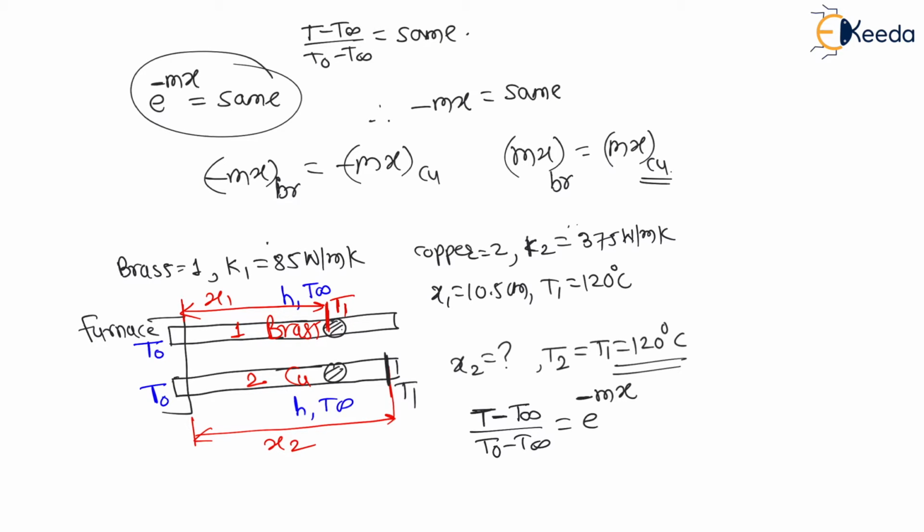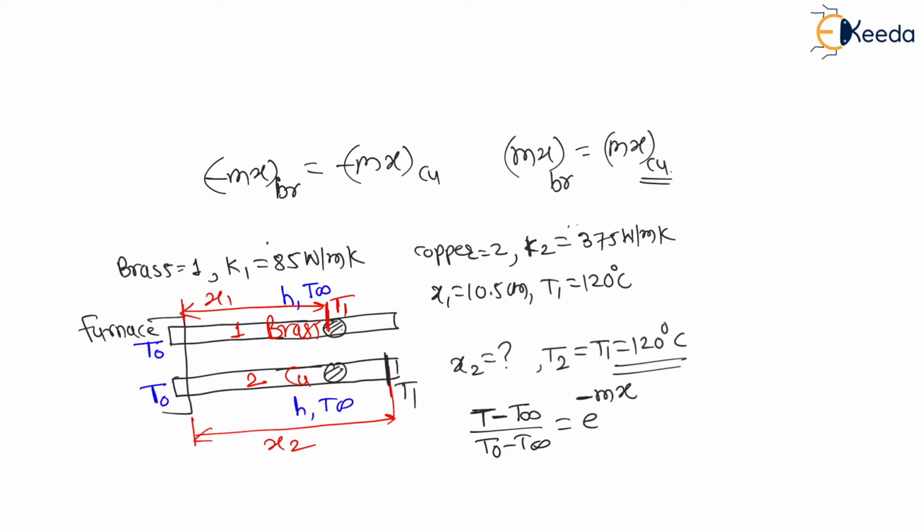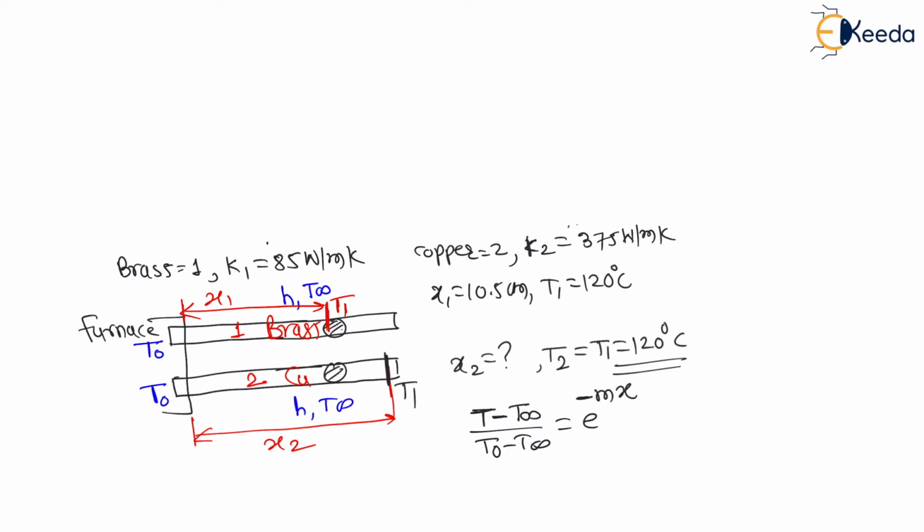Now, what is this m? Let us find this m first. So we have derived that the mx product of brass is equal to the mx product of copper. This m is nothing but, in terms of fin, the square root of hP divided by kA. h is the convective heat transfer coefficient, which is the same in both cases.